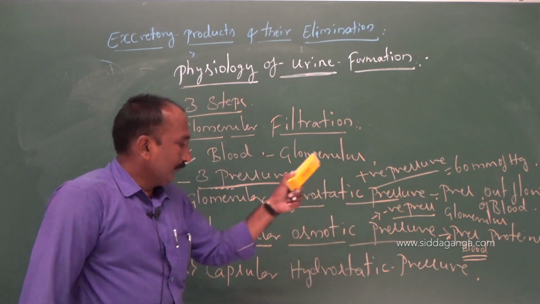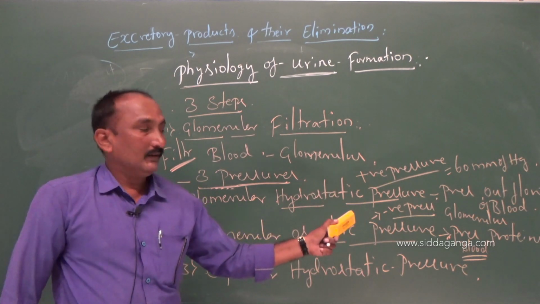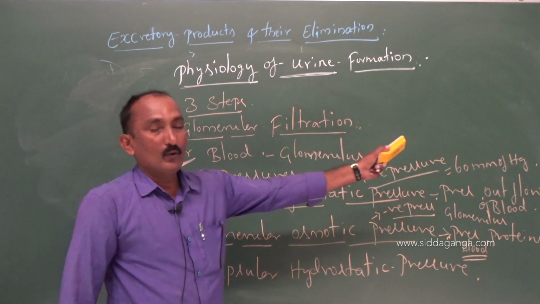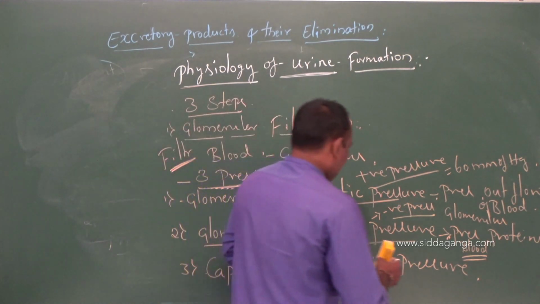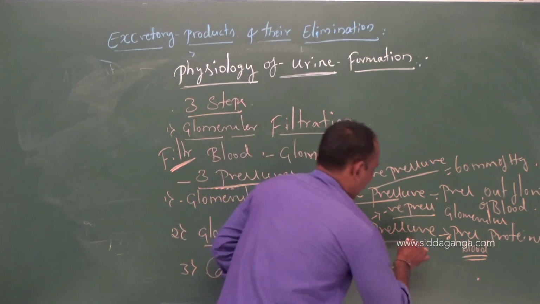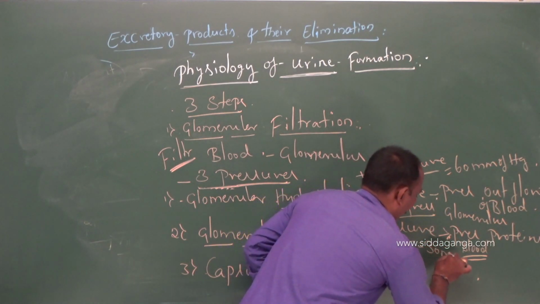So how much is the glomerular osmotic pressure? Glomerular hydrostatic pressure is about 60 mm of Hg. What about this one? This glomerular osmotic pressure is about 30 mm of Hg.